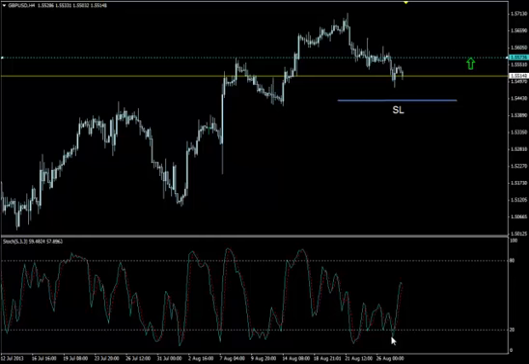When, after touching the 20 level line in the oversold area, it goes above the 20 line, that represents a bullish move. We had this happening after the plunge yesterday. We saw the bullish move happening.